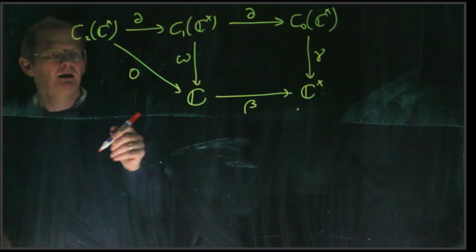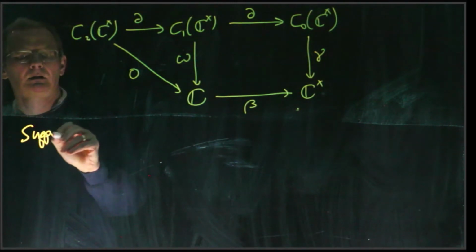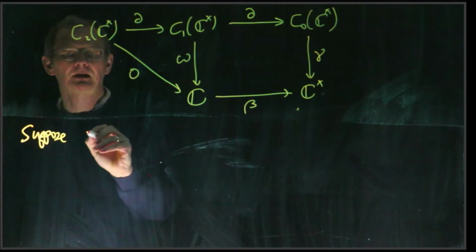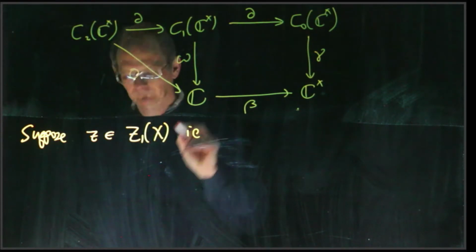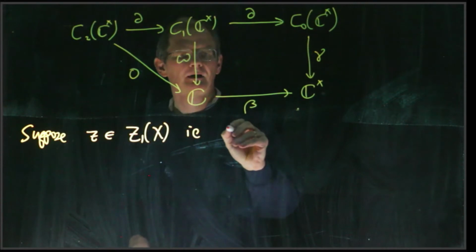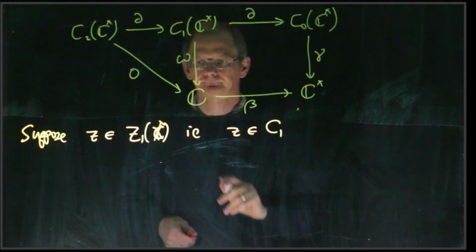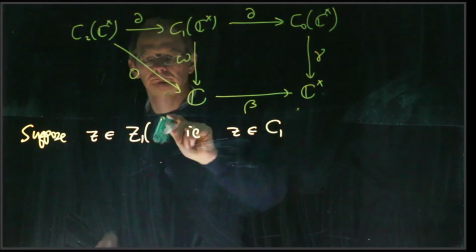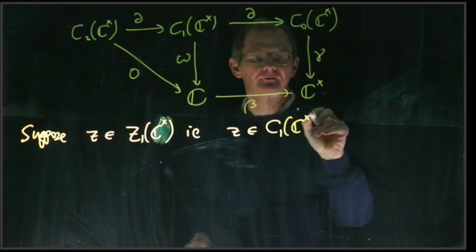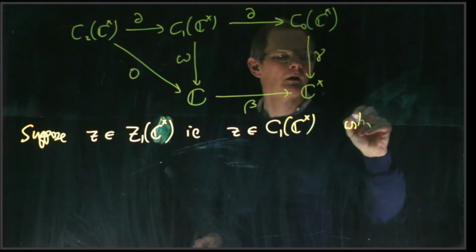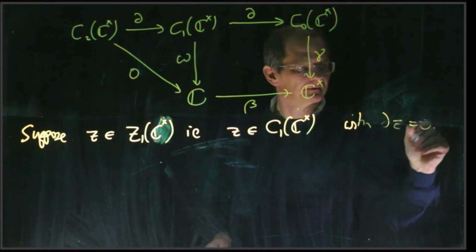Okay, so what do we learn from this? Let's suppose that z is a cycle, so it's an element of C1, and dz is going to be 0.